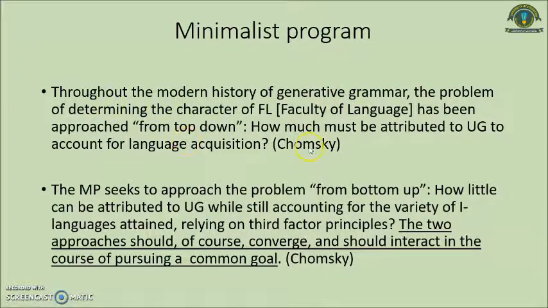So throughout the modern history of generative grammar, the problem of determining the language faculty has been approached from the top down. And as Chomsky says, how much must be attributed to universal grammar to account for language acquisition?